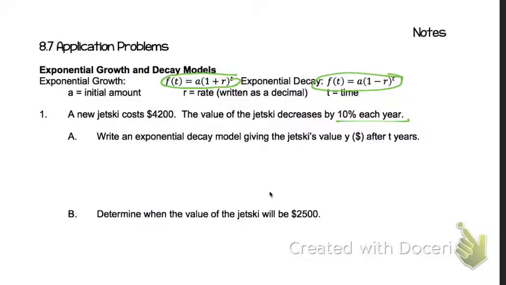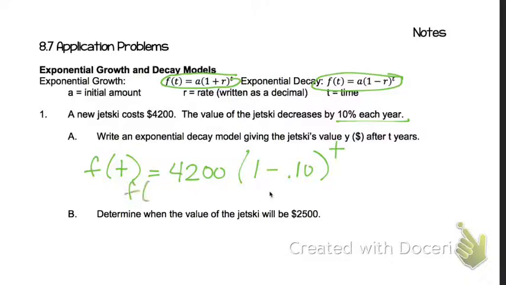So I'm going to say f of t equals 4,200 times 1 minus 10%. 10% as a decimal is 0.10, to the t. Now, I'm going to simplify this to be 4,200 times 0.9 to the t. It's the exponent. So t represents your time in years.